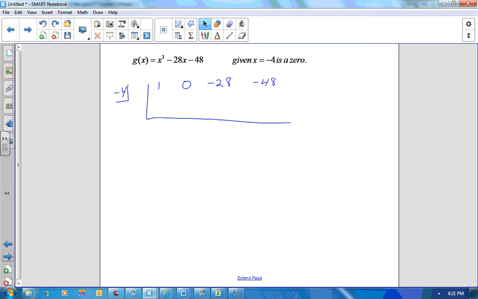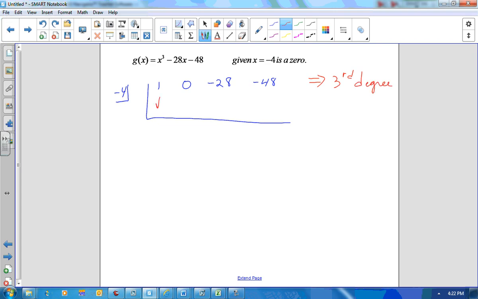And if you recall, the first thing I always do next, well, besides making sure I write the degree, we've done 2nd and 3rd degrees, but we're going to be doing higher degree polynomials soon. So that's a 3rd degree polynomial. I bring down my lead term, and then it's just multiply and add. So -4 times +1 is -4.